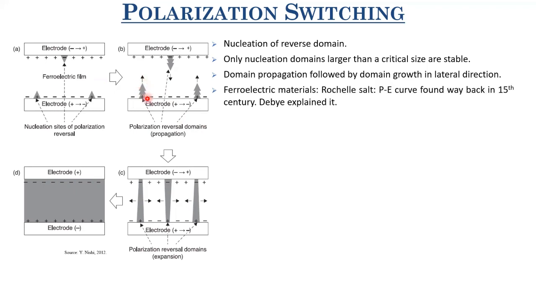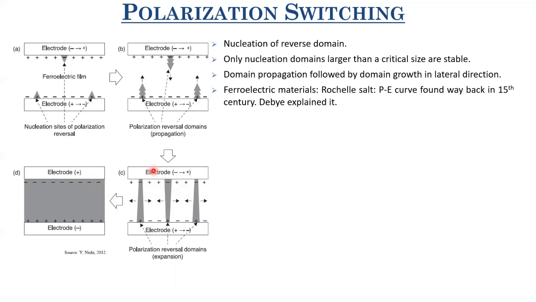And now, the moment this domain propagation happens, you'll have a situation where there are domains with a dipole moment which is way different compared to the existing polarization, or the dominant polarization, of the entire material. And after that, if you continue to apply the electric field, these domains expand in the lateral direction, and finally you have this domain reversal, or polarization switching.